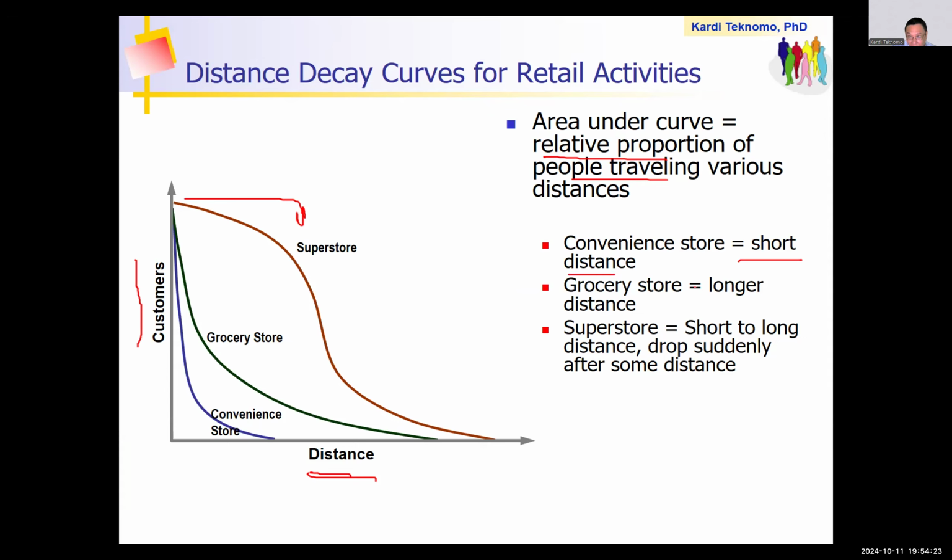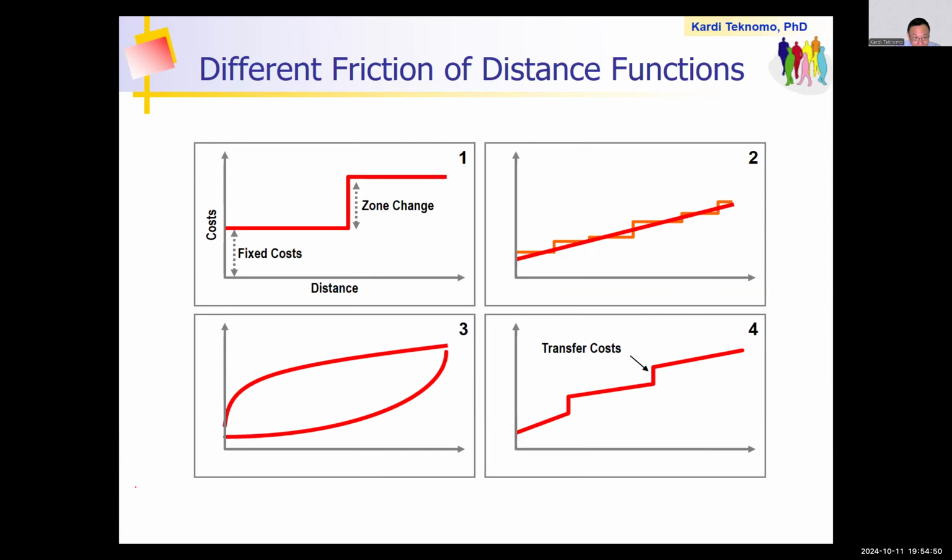For the grocery store, longer distance, and for the superstore or mall, usually short to long distance, and then suddenly drop after certain distance. So in that case, we can model this curve of general costs.